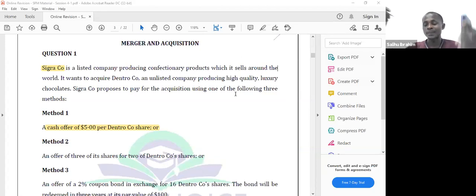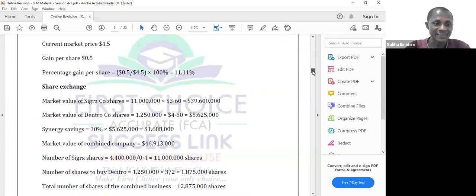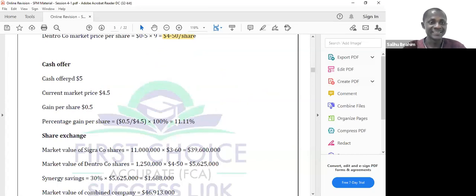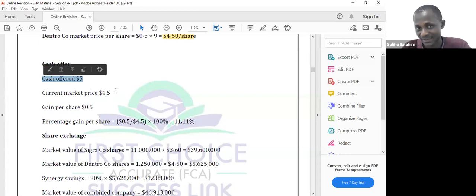So what is the percentage gain? Percentage gain is gain per share over pre-acquisition market price times 100. Come and see the solution here. Under the cash offer of $5, with a current share price of 4.5, they are gaining 50 cents because we are paying them higher than the worth of their shares.